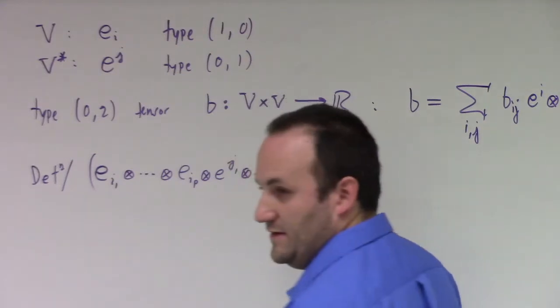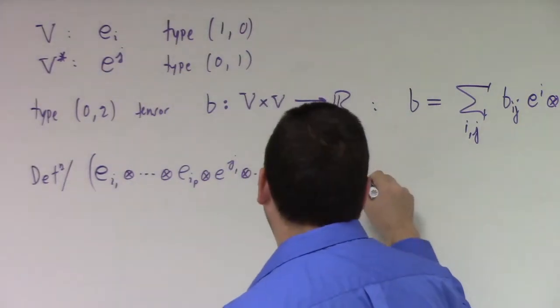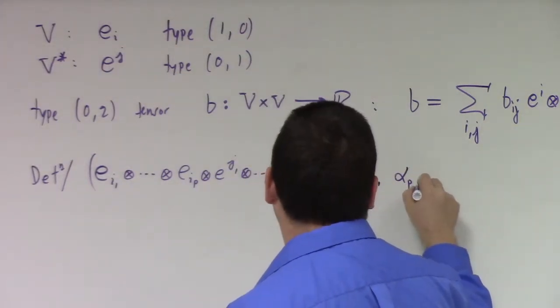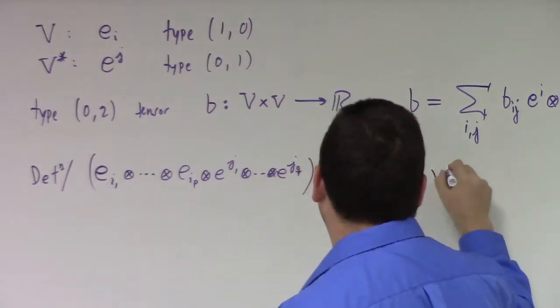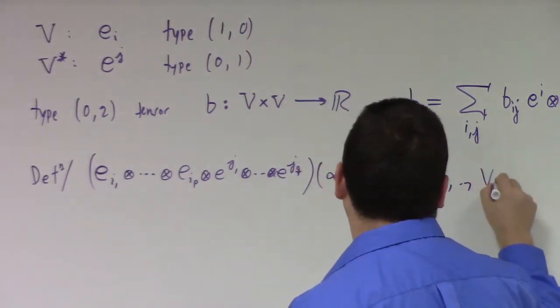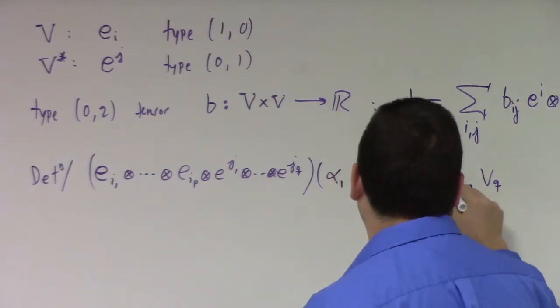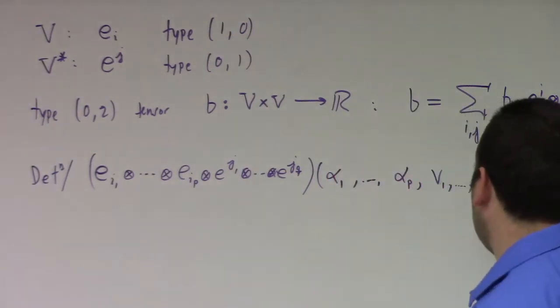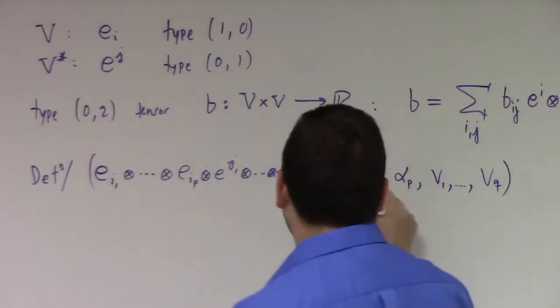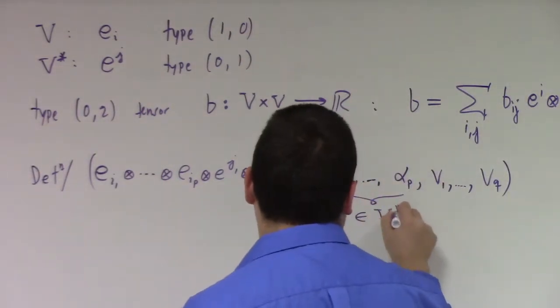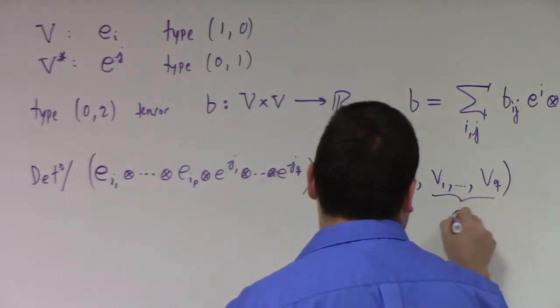These are not components, right? These are actually dual vectors. Alpha 1 through alpha p, and then vectors, let's say V1 through Vq. When I label things, I almost always just put the labels downstairs. These are not components. They're just labels. So these are elements of V dual, and these are elements of V, right?